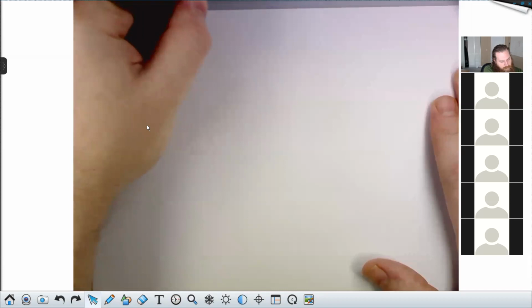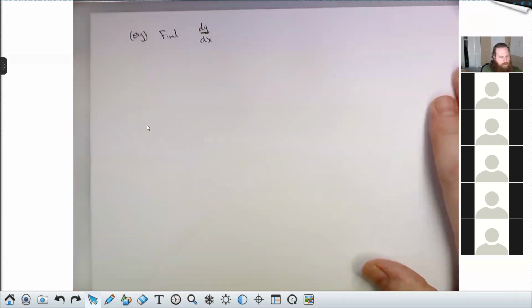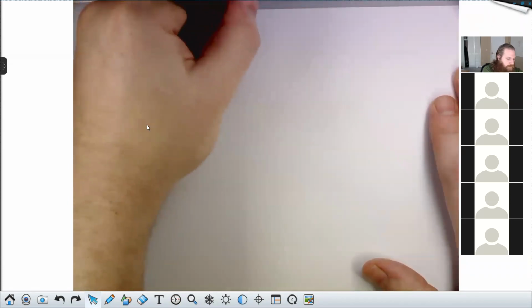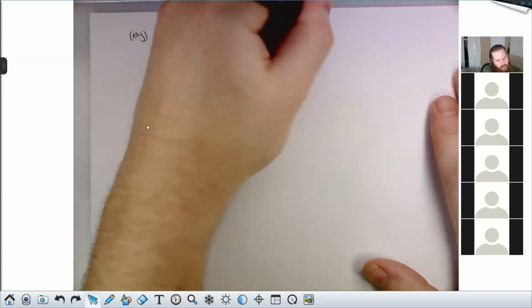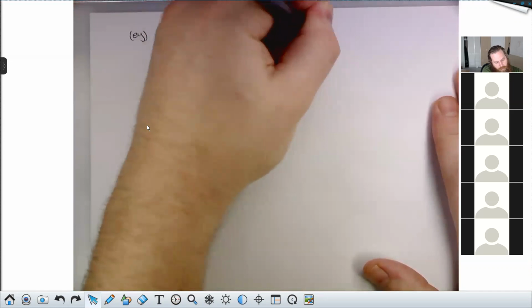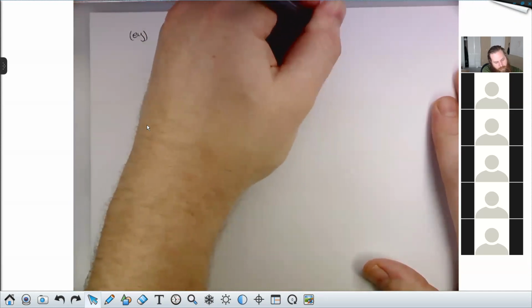Let's find, I'll use different notation here. Find dy dx where y equals 2x minus 1 over the square root of x.